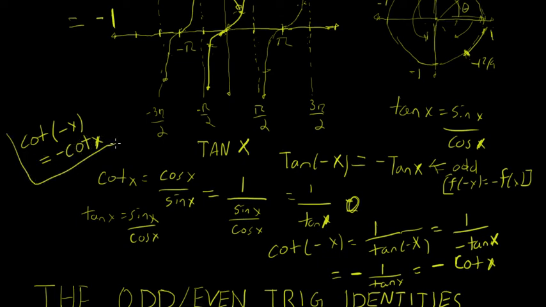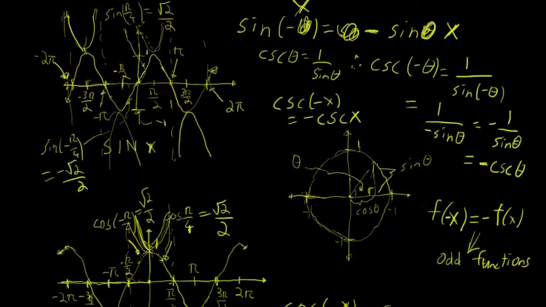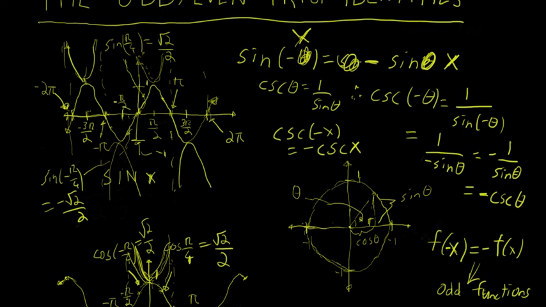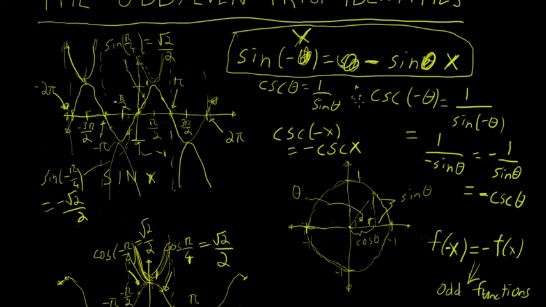So I'm going to circle all these odd-even identities. This is the odd-even identity for cotangent. It's an odd function. This is the odd-even identity for tangent. It is also an odd function. Here is the odd-even identity for sine. It is an odd function. Here's the odd-even identity for cosecant.